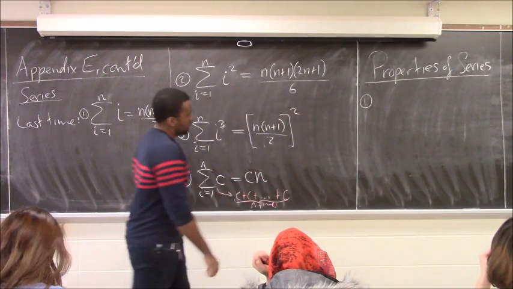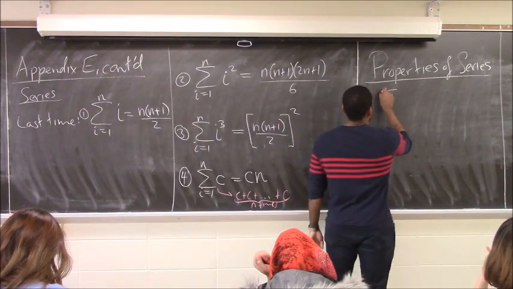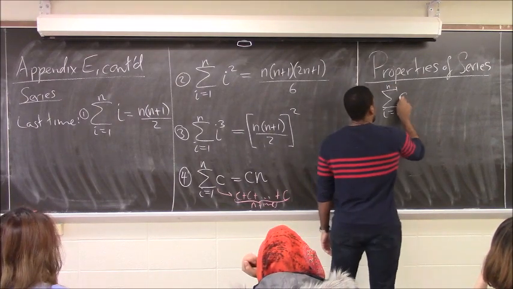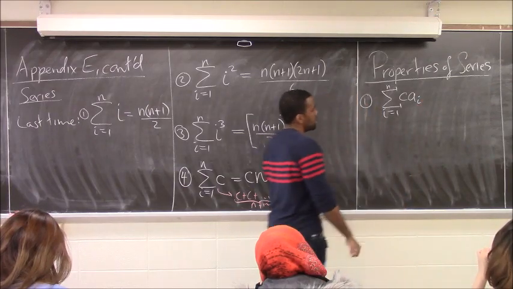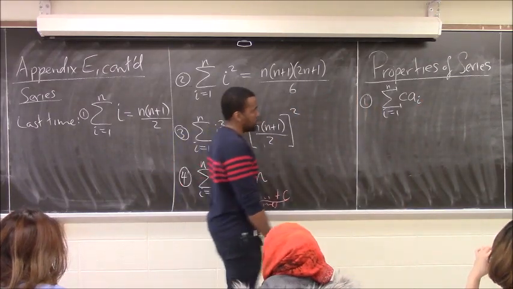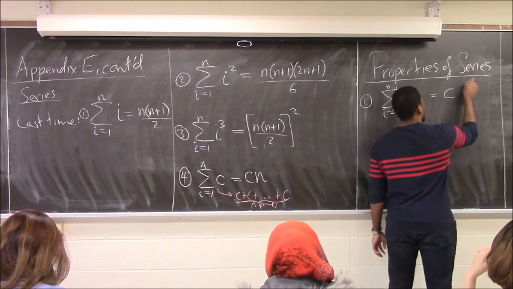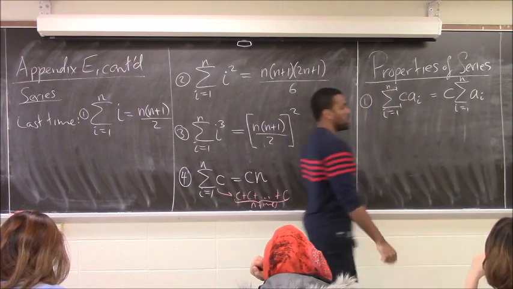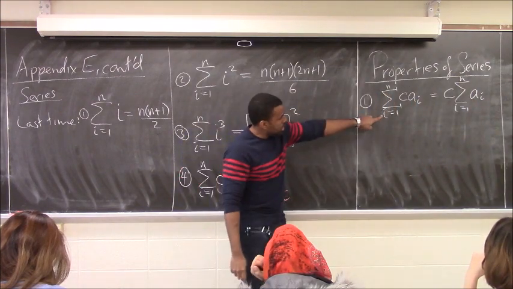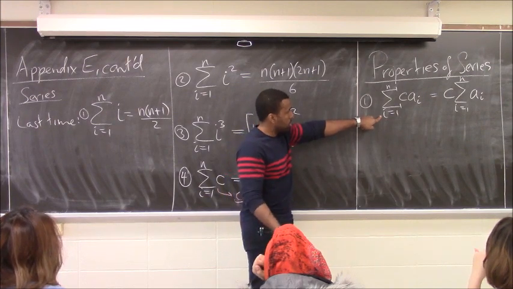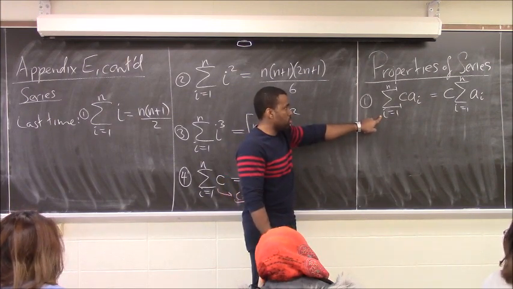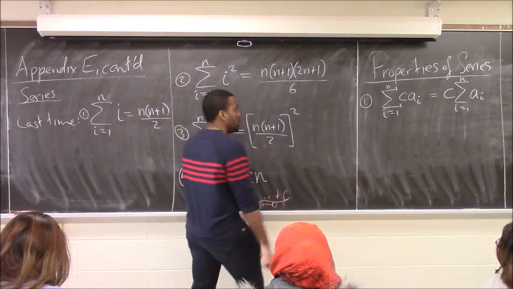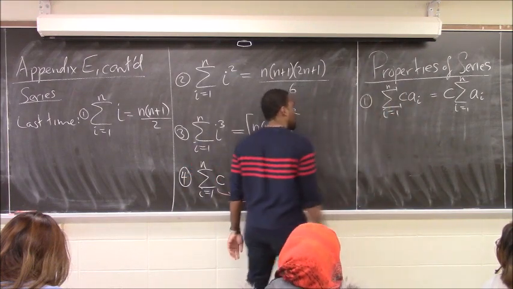One property is the fact that, similar to limits and derivatives, if I have a constant times some expression that I'm adding the summation of, I can, in fact, factor that constant outside the series. What determines what's a constant? Well, the i represents your variable. Remember last time we spoke about how you can think of a sequence as a function where the inputs are the positive integers i, and the output is a_i for each i. So here I'm just having a constant times a function. I can factor that constant outside.